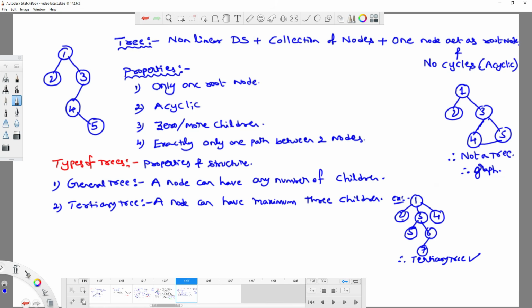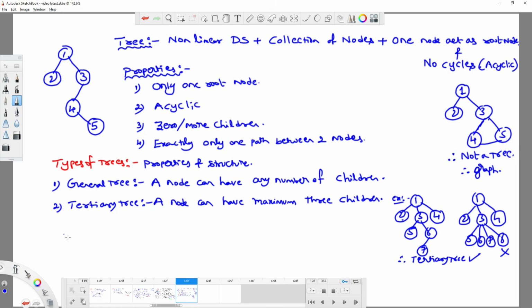You have to calculate for each and every node, and at the end, among all the nodes, the maximum number of children should not be beyond 3. If it is beyond 3, I cannot call it a tertiary tree. So if I take this one, something like 1, 2, 3, 4, 5, 6, 7 and 8, can I call this a tertiary tree? No, because at a particular point of time, a node can have beyond 3 nodes. I cannot call it a tertiary tree.